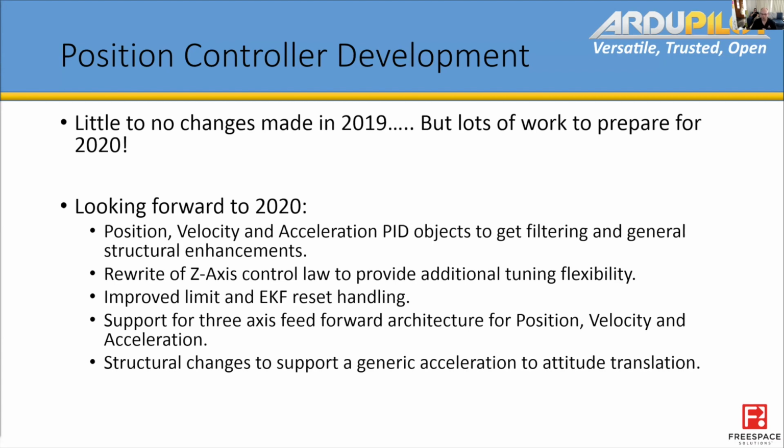The other thing, and Paul will be happy to see this, is the support for a 3-axis feed-forward architecture for position, velocity, and acceleration. The idea of this is the output of the position controller comes down fundamentally to an earth frame acceleration vector. At the moment, multi-rotor is very selfish, and basically it assumes you have a single thrust vector pointing up through the z-axis, and you rotate that around to do this control.